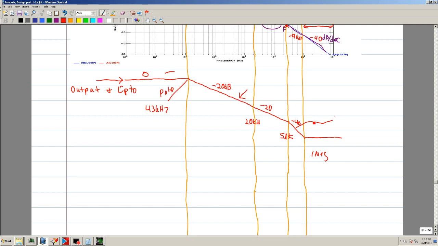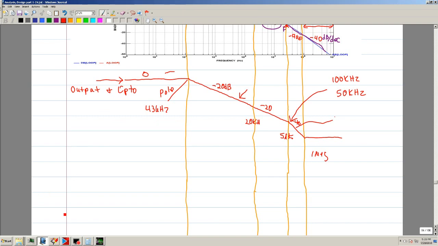Now we want to set or cancel the zero. We're going to set it to half the switching frequency. Since this power supply is going to be switching at 100 kilohertz, we're going to set our pole in the error amp to 50 kilohertz.